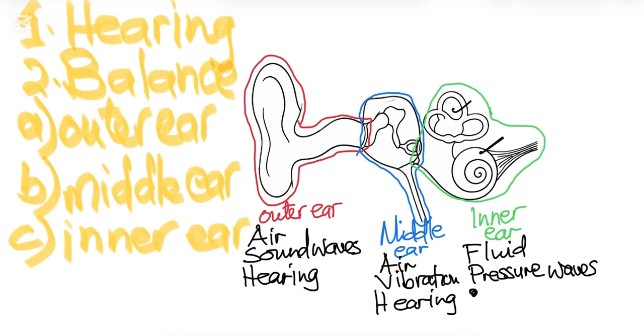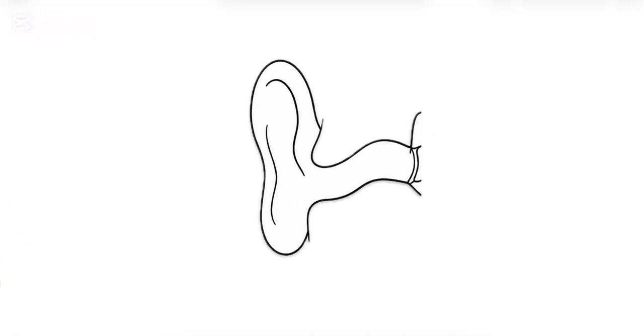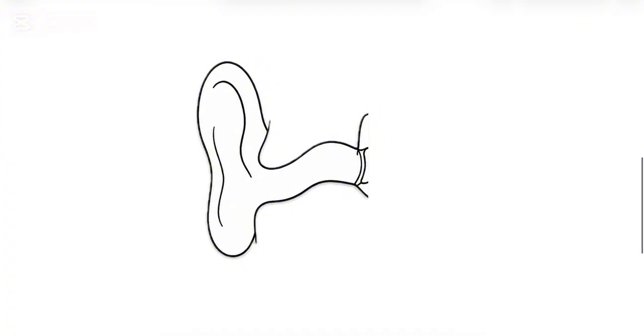And it is involved in two things. The first one is hearing, and the second one is balance. So that's our overview. Now let us look at the detailed structure of the human ear.